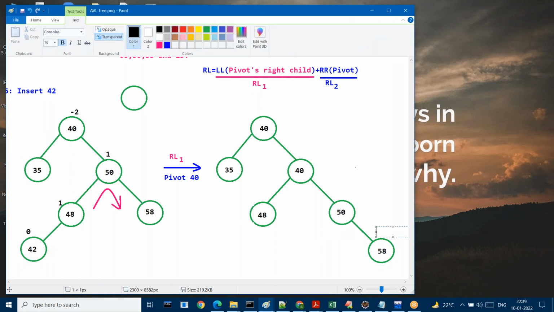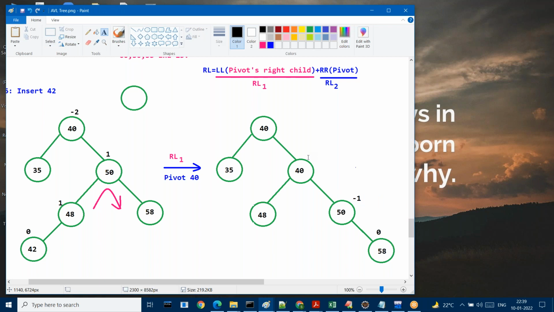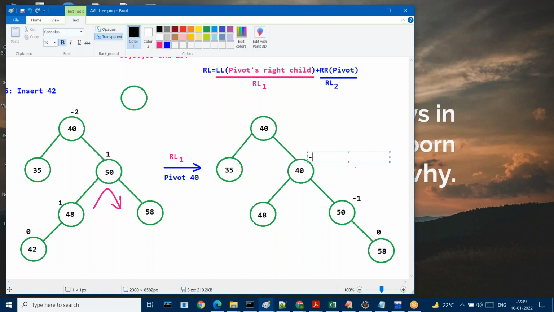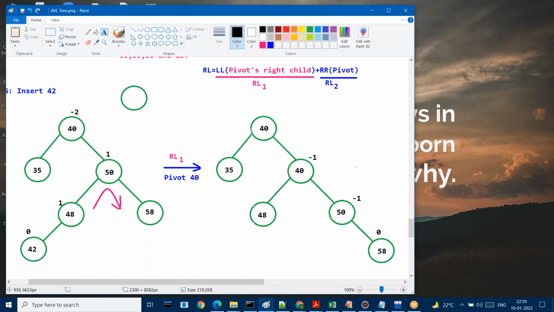Sir, this is 0. Sir, this is 0, minus 1, minus 1. Sir, this is 1, minus 2, minus 1. Sir, this is, acha, 1 minute, guys. How is it? 48 is coming here, na? Insertion of 42. So 40, 35, okay. 48 is coming here.